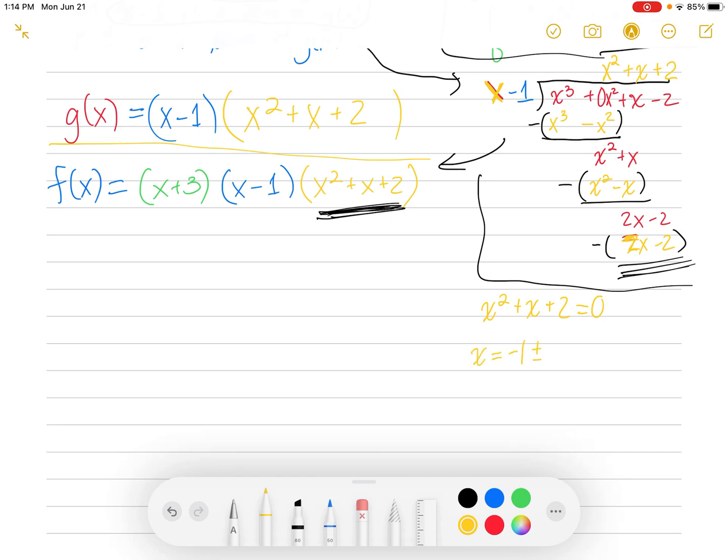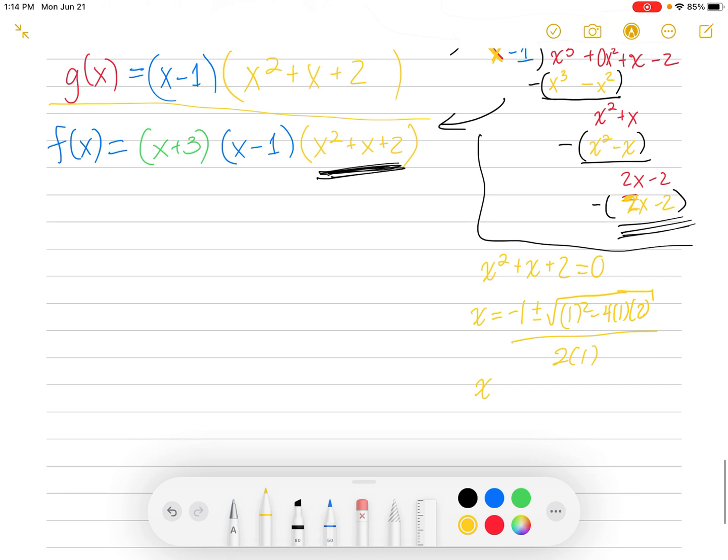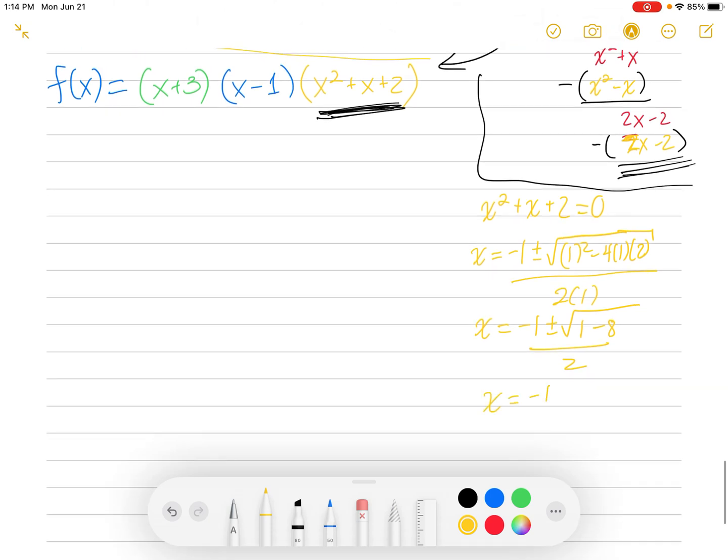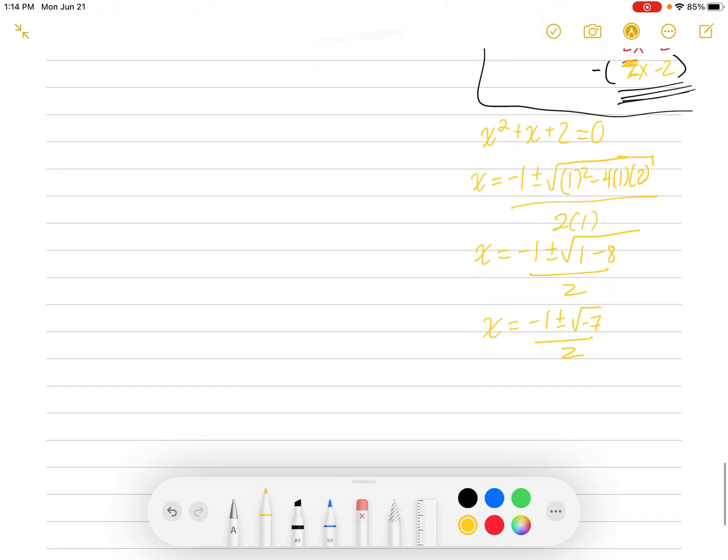So to solve this, you use the quadratic formula, x equals minus 1 plus or minus the square root of 1 squared minus 4 times 1 times 2, all over 2 times 1. And when you go through the motions here, you get minus 1 plus or minus the square root of 1 minus 8 over 2, or negative 1 plus or minus the square root of negative 7 over 2.